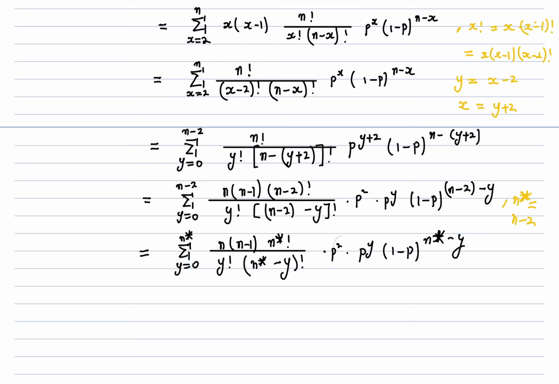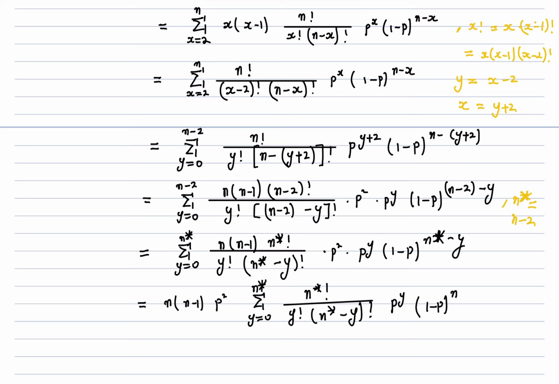So we can bring those out the front of the summation. So this, of course, leaves us with n minus 1 p squared out the front, sum of y equals 0 to n star of n star factorial over y factorial n star minus y factorial p to the y 1 minus p to the n star minus y.